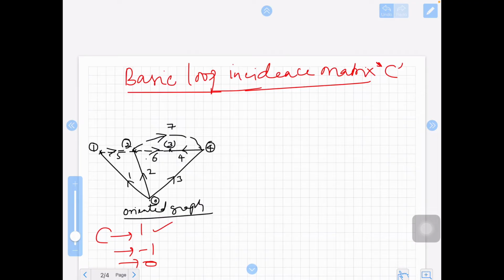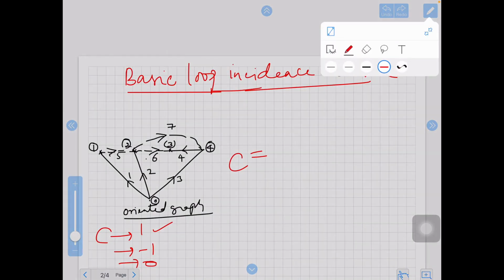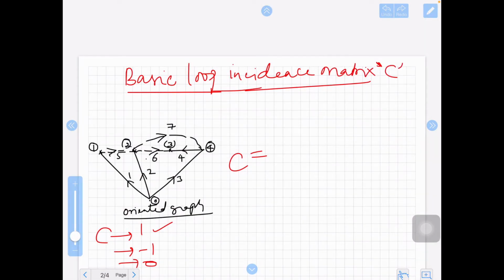So, let us write the C matrix and then we will analyze the problem. The C matrix order is equal to elements cross basic loops.